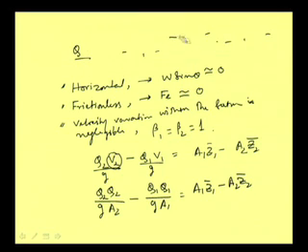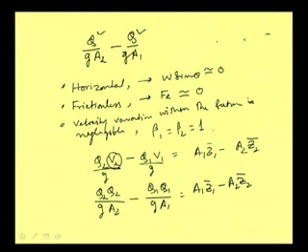It can be written here as Q square by g A2 minus Q square by g A1 is equal to A1 Z1 bar minus A2 Z2 bar.